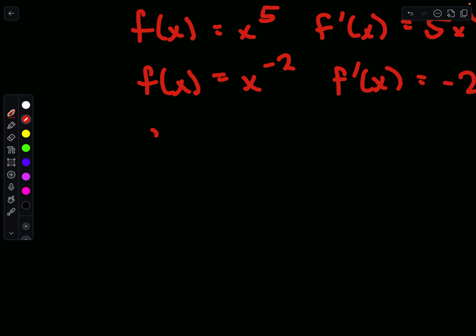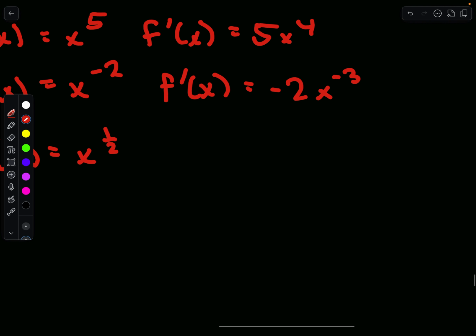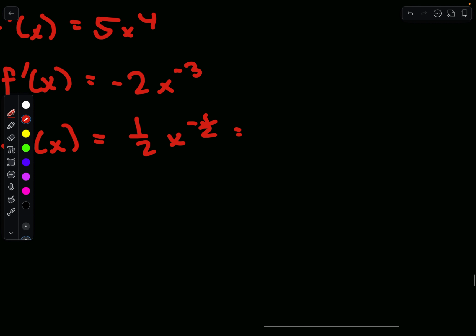Let's say that it's a fraction. How about 1/2? Then f prime of x is going to be 1/2 x to the negative 1/2, which is just 1 over 2 root x.